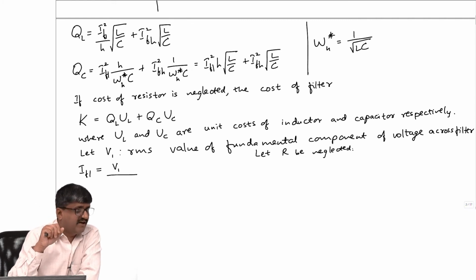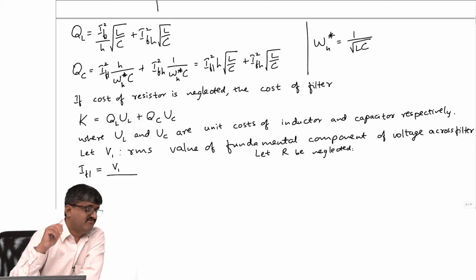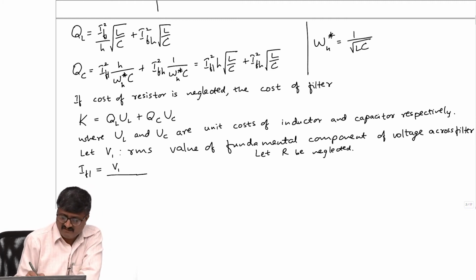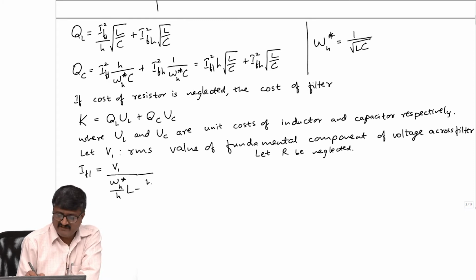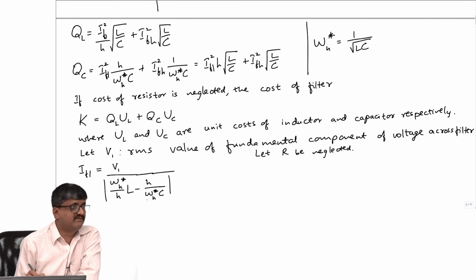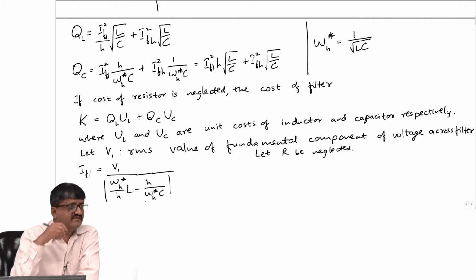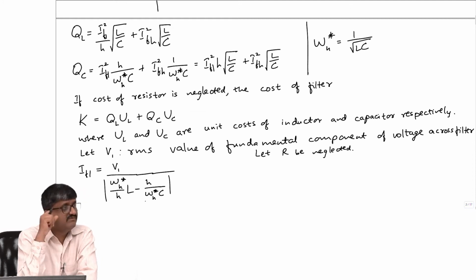So you are saying omega h star by h into L minus h by C omega h star, mod. You are saying mod because you don't know which one is larger than the other. But don't we know which one is larger among the two?